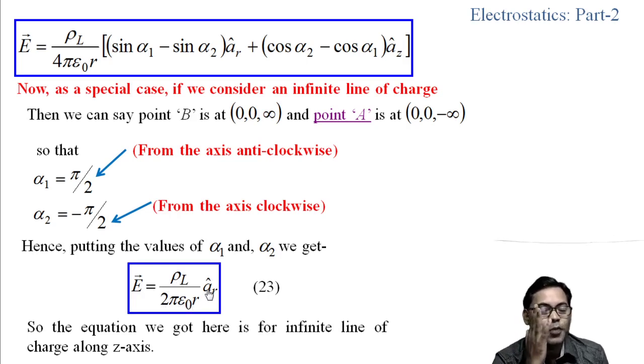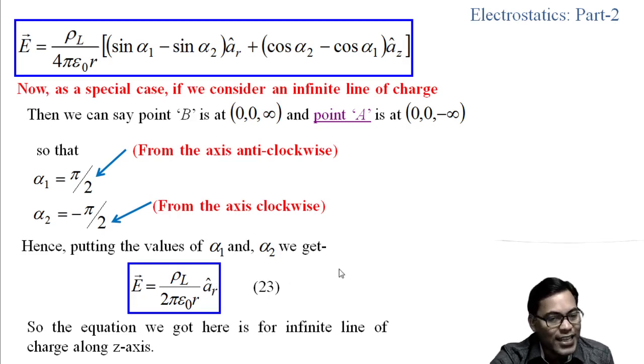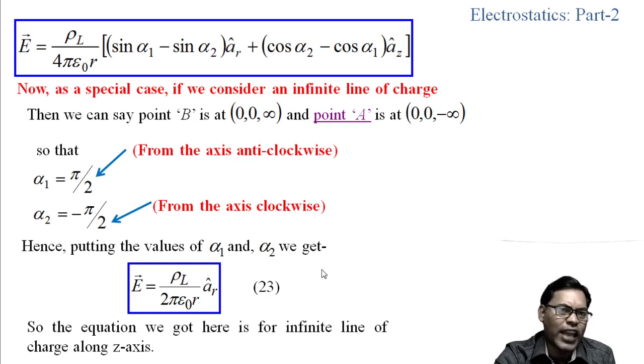Now this is the expression of the electric field intensity at the point whose coordinate is x, y, z for an infinite line charge. And interestingly, from this equation we can see that this electric field intensity is not dependent on the length of the line of charge, because rho L is constant, and 2 pi epsilon naught is constant.